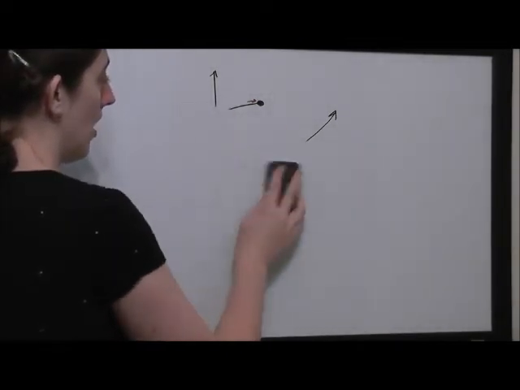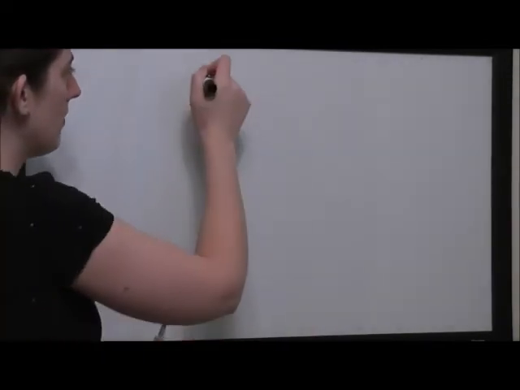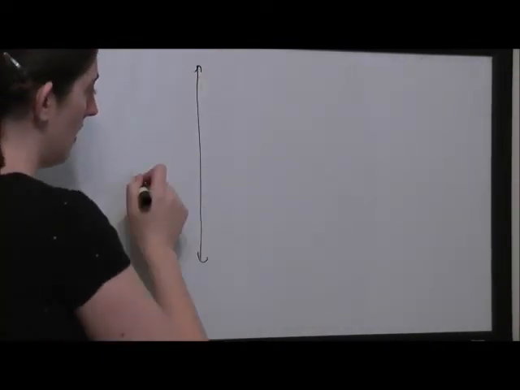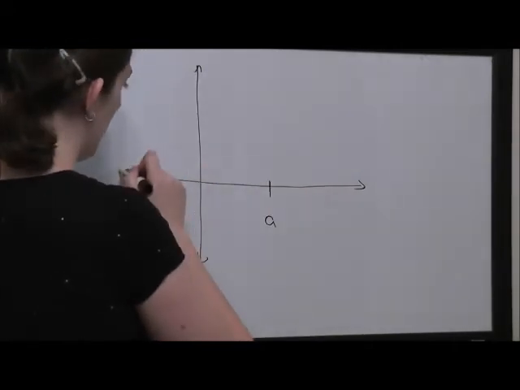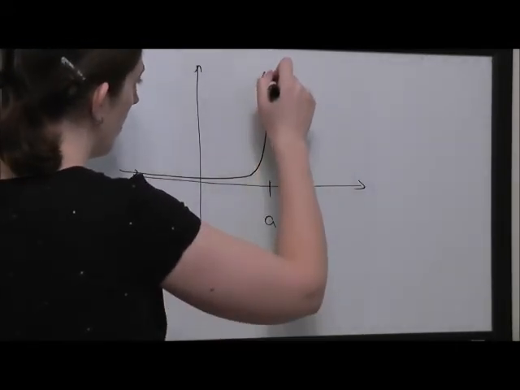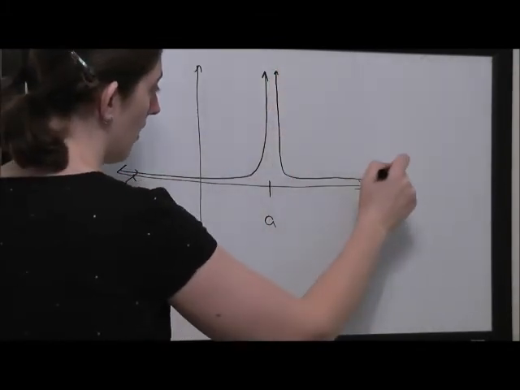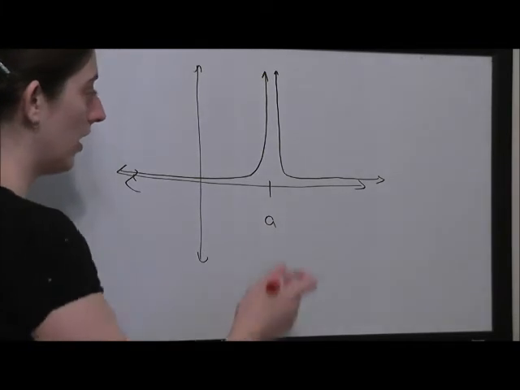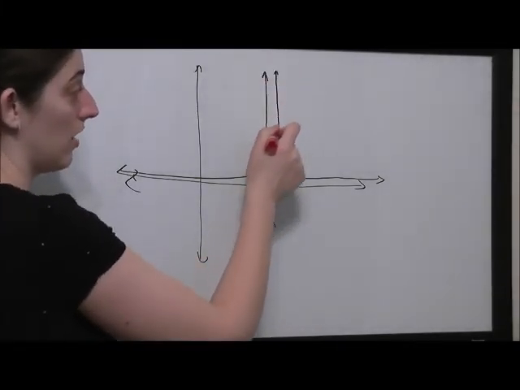All right, there's one other way a graph may not be continuous. It's something that looks like this. For this one, if we look here at A, if we go up, there's no point here.